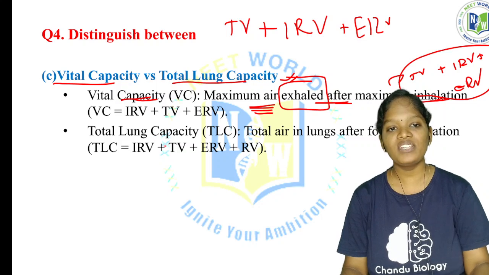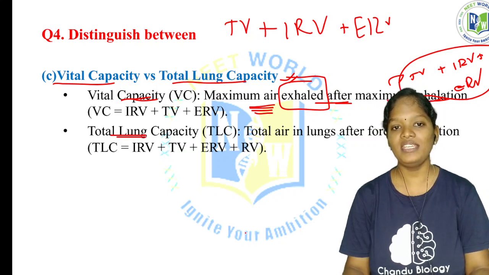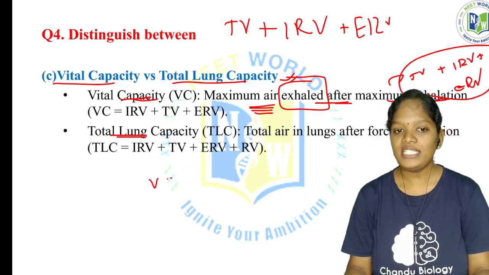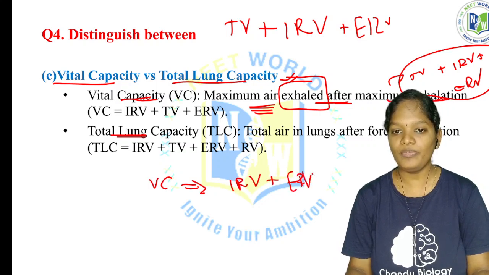The major difference between the vital capacity and the total lung capacity is an important thing. In the vital capacity we add the IRV plus ERV, inspiratory reserve volume and expiratory reserve volume, plus tidal volume.